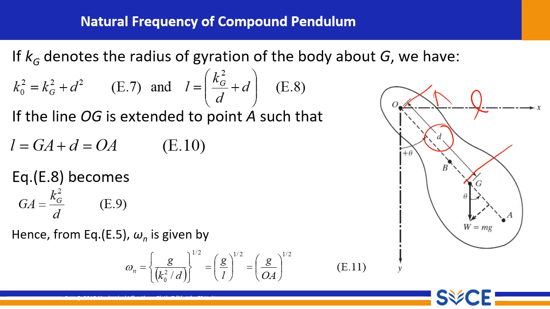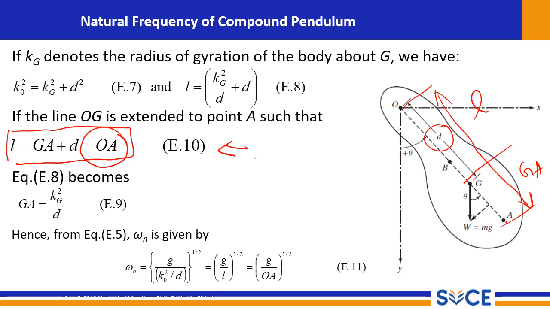So I am writing it: the entire length is represented as L, this is D, and the remaining length is GA. That is written here: L equals GA plus D, which is equivalent to OA from the pivot point O to point A. The point A is going to be the center of percussion. This means the distance OA is equal to the length of the equivalent simple pendulum through this equation.